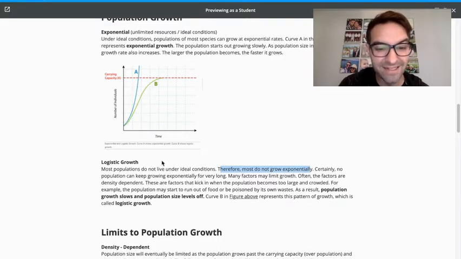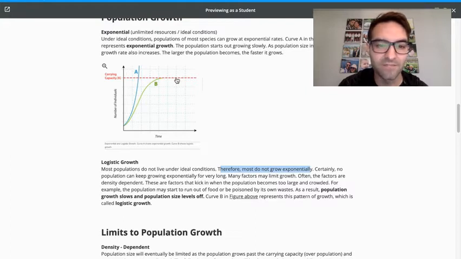But then, as the populations start to get too close to the carrying capacity, as they start to run out of food or other resources, or if some sort of event occurs that's going to limit the population, you'll see that the curve will start to straighten out and stabilize around the carrying capacity.